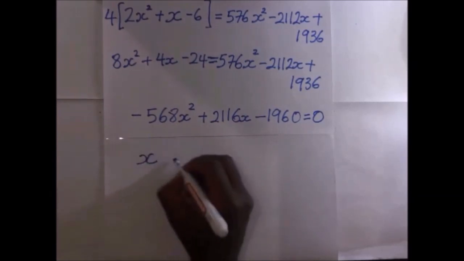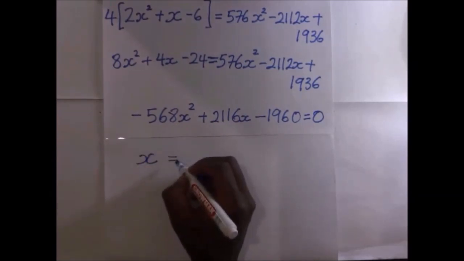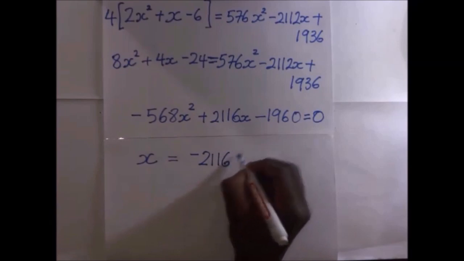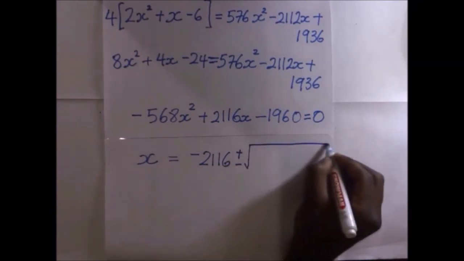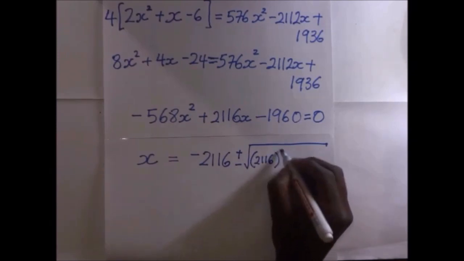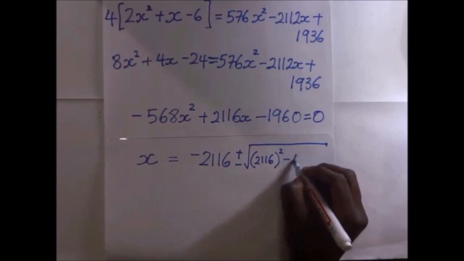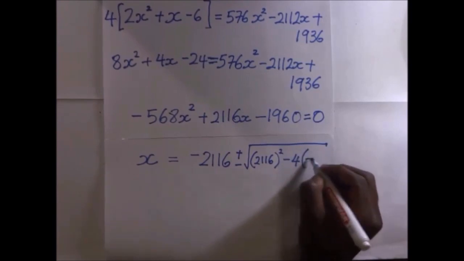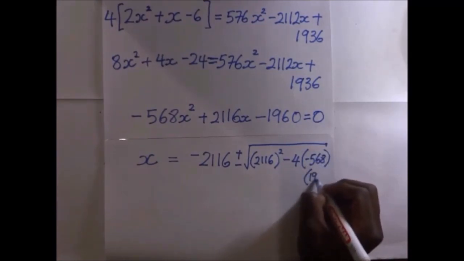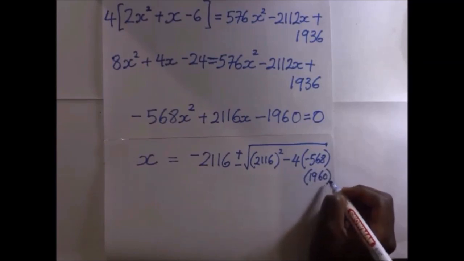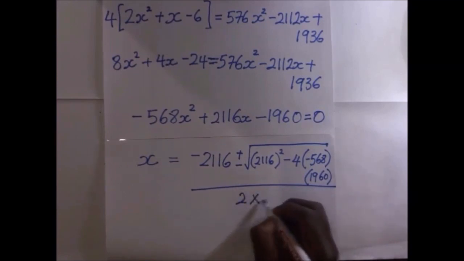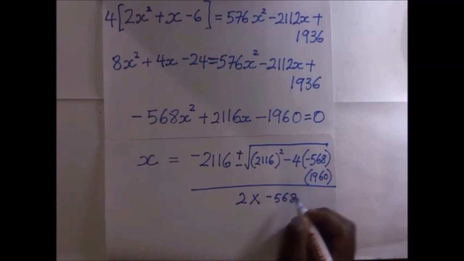So if we are to use what we call the bulldozer method, the values of x is going to be minus 2116 plus or minus the square root of 2116 squared minus 4ab, 4 times our value of a, which is minus 568, times 1960, divide all that by 2 multiplied by negative 568.